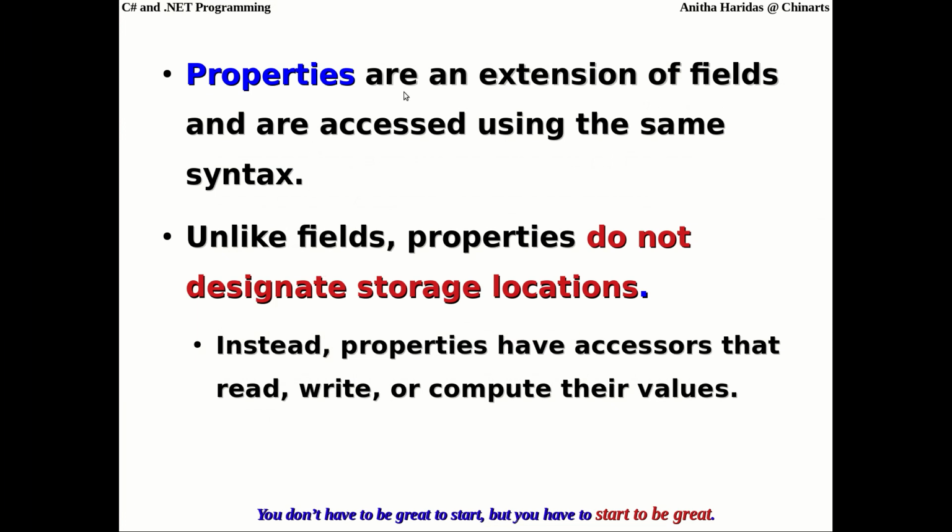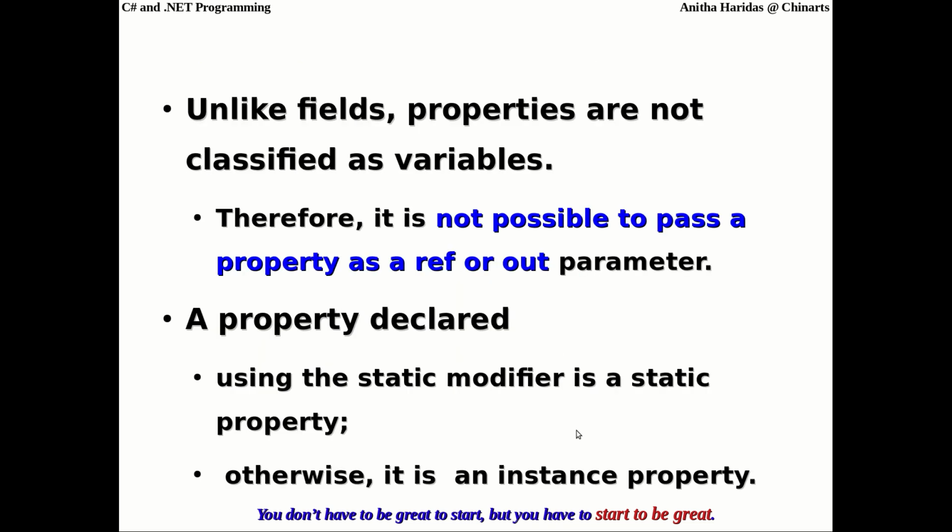Your properties are extensions of fields and are accessed using the same syntax. As you access your data member, you can access them. But unlike fields, the properties will not designate any storage location. So they are simply used to read, write or compute another value of a class. And unlike fields, properties are not classified as variables.